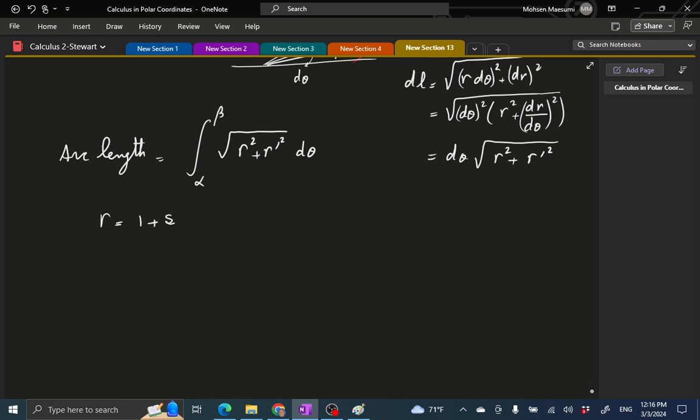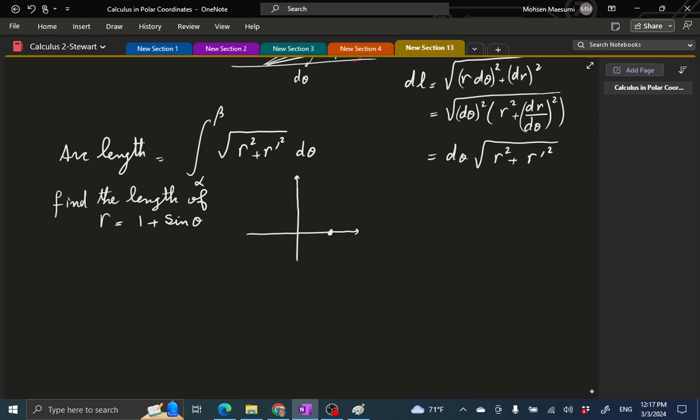The question is, find the length of this curve. Now first we go get an idea of what this curve is. We have seen it before. This is a cardioid. So when theta is 0, r is 1, we start let's say at this point.